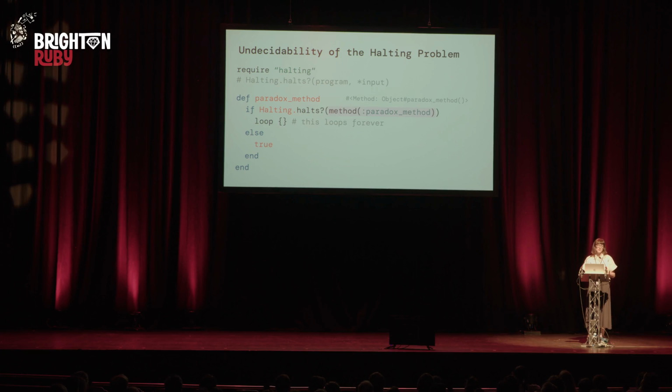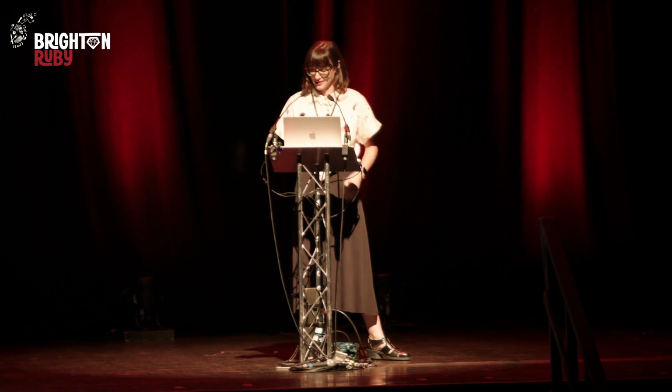Here we are using Ruby's method that returns a method object, and we are passing that to halts. If this returns true, so if the paradox method halts, we are going to loop forever here. And if not, we are just going to stop and return true. Okay? Cool. So we have the program, and now we are going to analyze it.